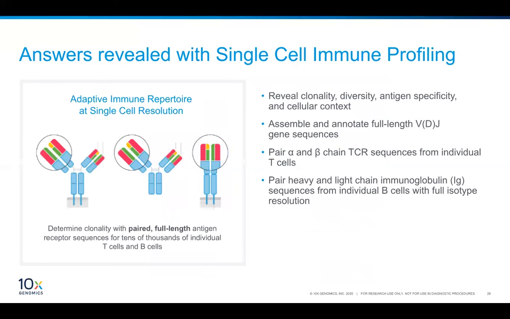Our immunoprofiling solutions allow you to assess the transcriptomes and the full-length VDJ gene sequences from the paired alpha and beta chains of the T cell receptor sequences from individual T cells, and also the paired heavy and light chain immunoglobulin or B cell receptor sequences from individual B cells, and both allow for full isotype resolution.